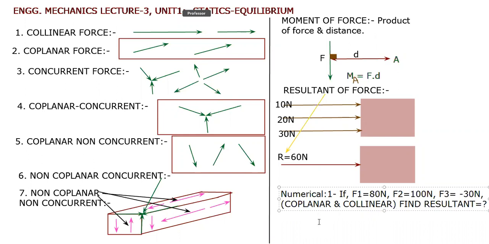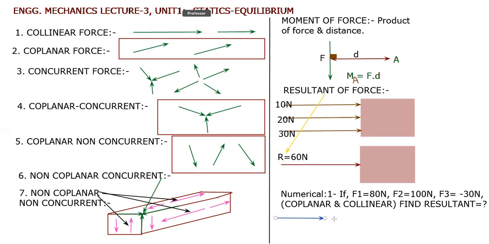By using the first definition of resultant, what it states, when a system of forces is acting on an object, the difference between the forces is called the resultant. Now these three forces are acting on the object and the difference is the resultant. Now you need to plot these forces as per the given numerical. So your first force is 80 Newton, right?